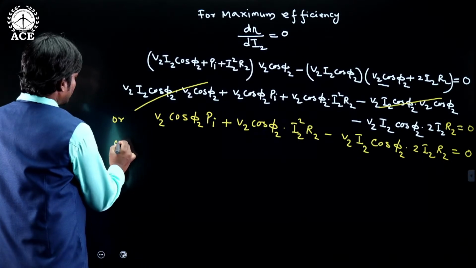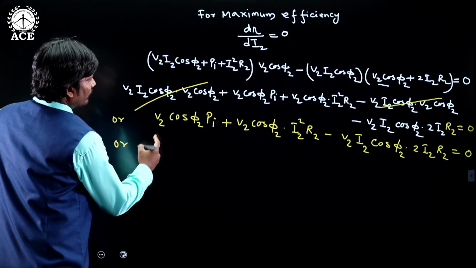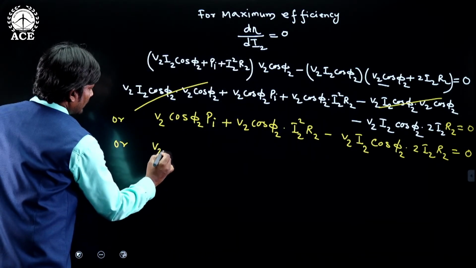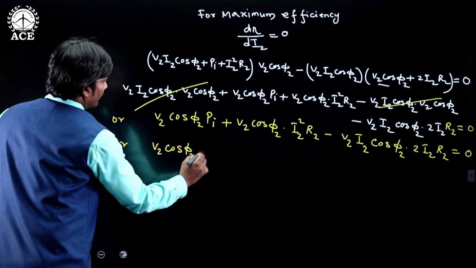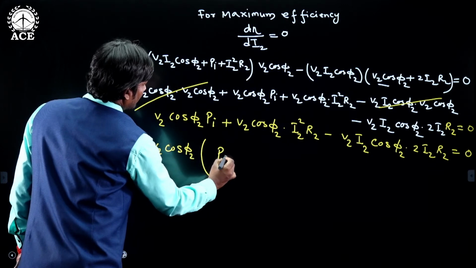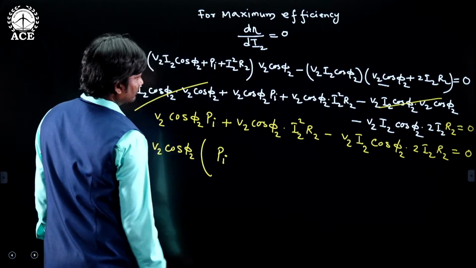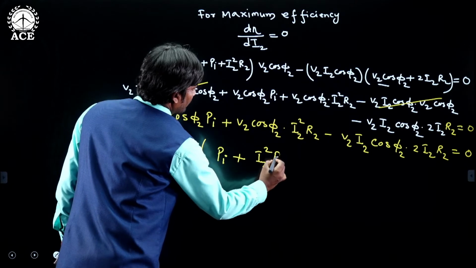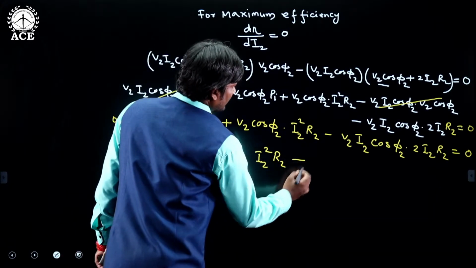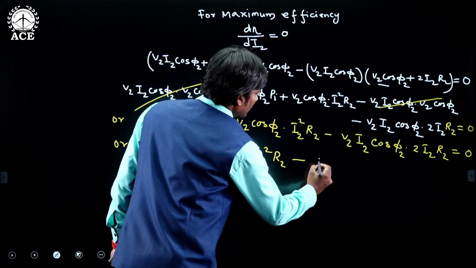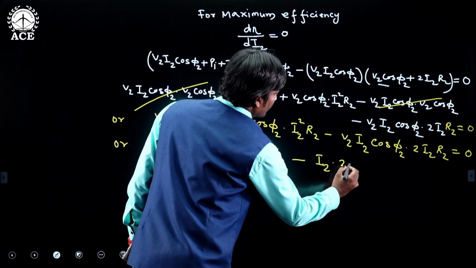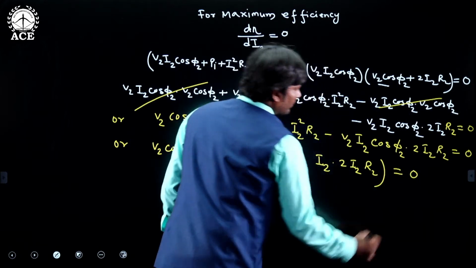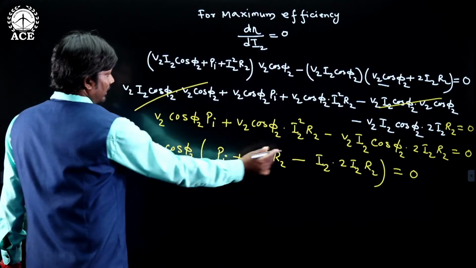Now take the common factor V2 cos phi 2: Pi plus I2 squared R2 minus 2 I2 squared R2 is equal to 0. Now this term becomes 0.